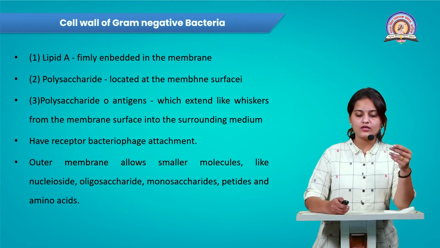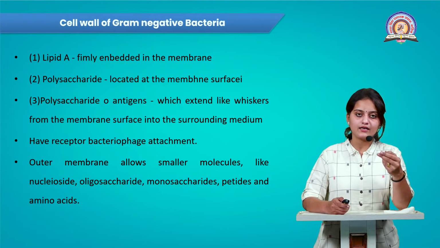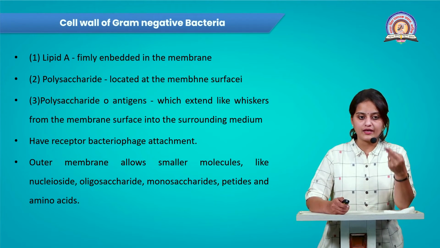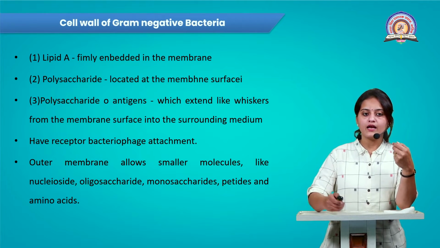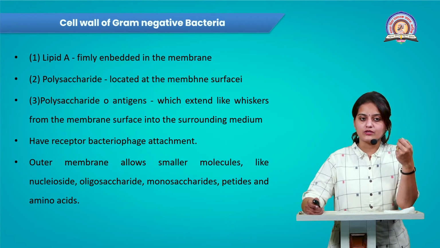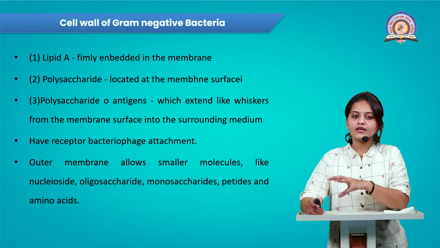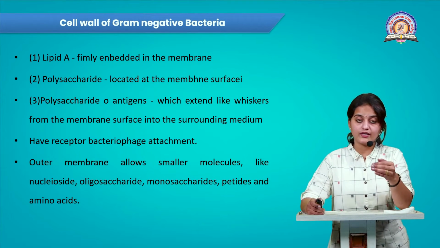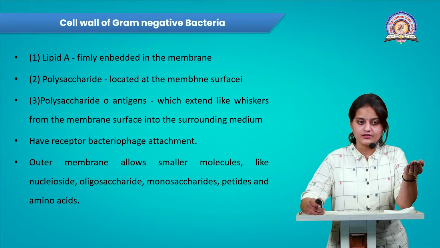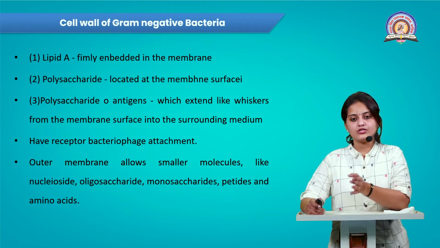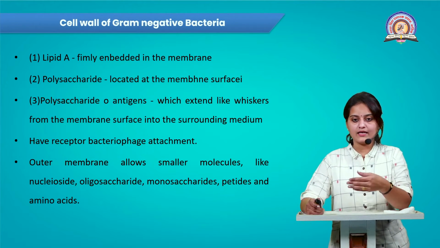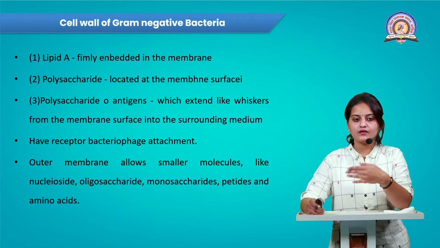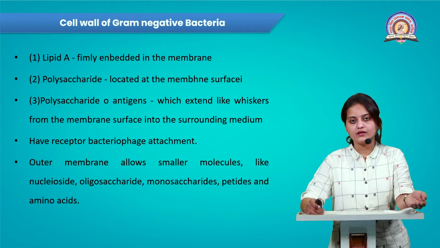Now the lipopolysaccharide layer is divided into three groups: the lipid A, then polysaccharide, and polysaccharide O antigen. The lipid A is firmly embedded in the membrane, polysaccharide is located at the surface of the membrane, and polysaccharide O antigen extends like whiskers from the membrane surface into the surrounding medium.